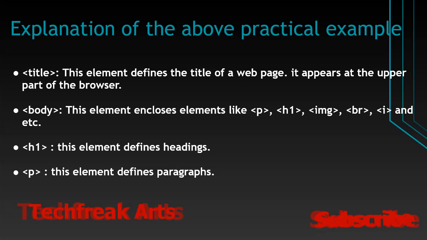Now we also have the body. Inside the body we wrote this is a paragraph, this is a heading, and we're seeing all those on the web page. That was the main content which was showing. Now we have the h1 element, which defines the headings. It tells that it's a heading. The p is for paragraphs.